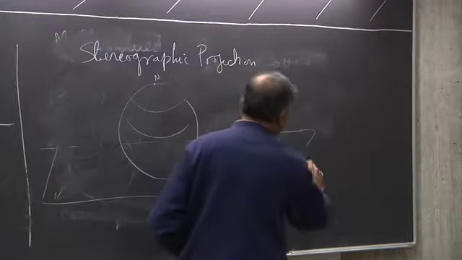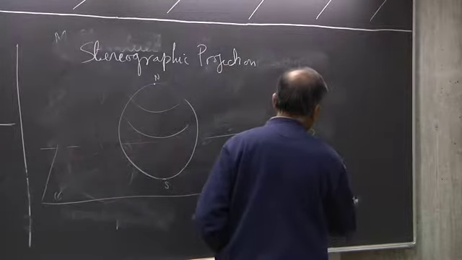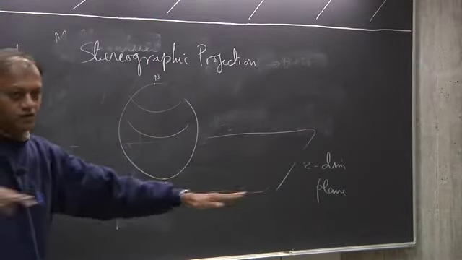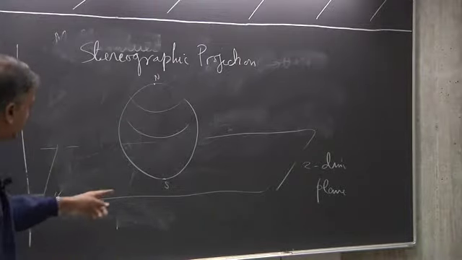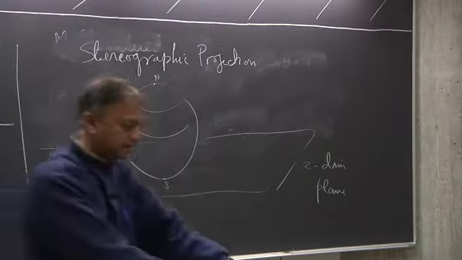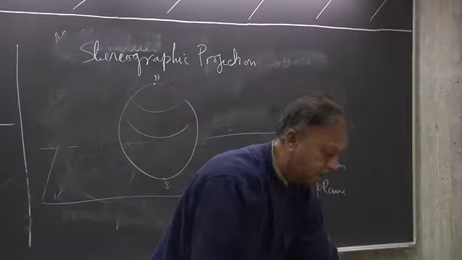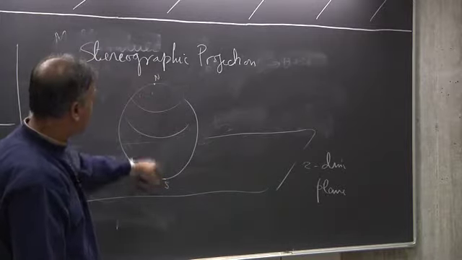In a two-dimensional flat plane, you can always introduce a complex coordinate x plus iy equal to z. So I have this plane here, and I put the ball on top of it. The point which is touching the plane I call the south pole, and the antipodal point I call the north pole.